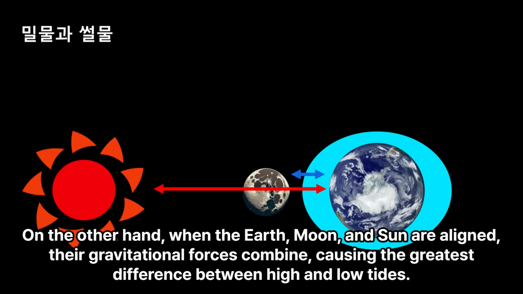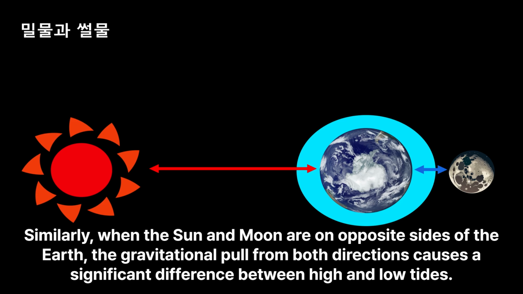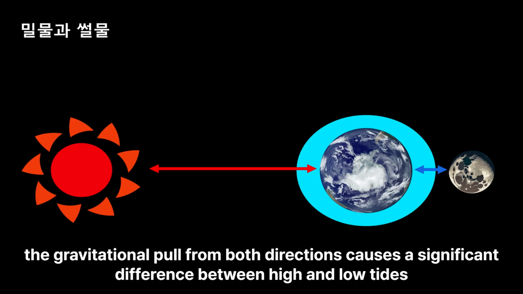On the other hand, when the Earth, Moon, and Sun are aligned, their gravitational forces combine, causing the greatest difference between high and low tides. Similarly, when the Sun and Moon are on opposite sides of the Earth, the gravitational pull from both directions causes a significant difference between high and low tides.